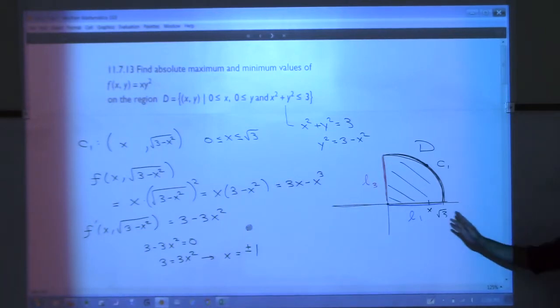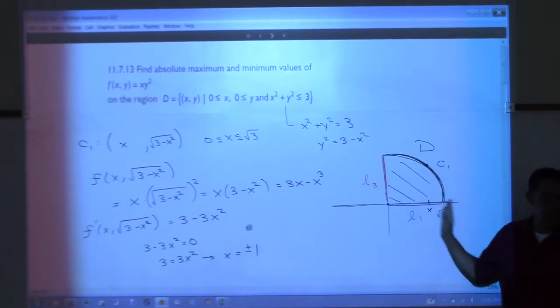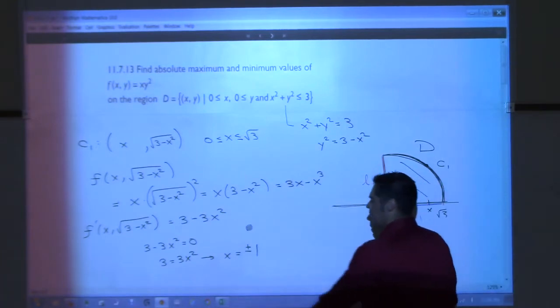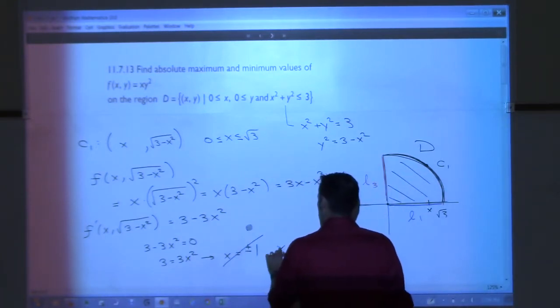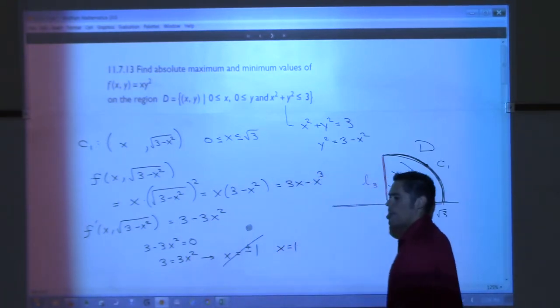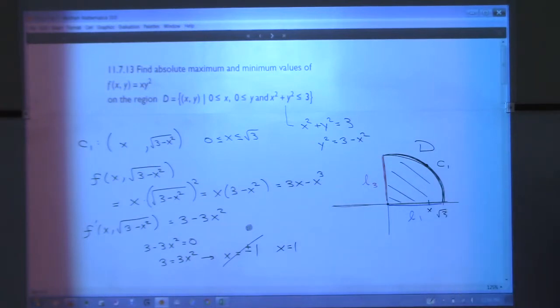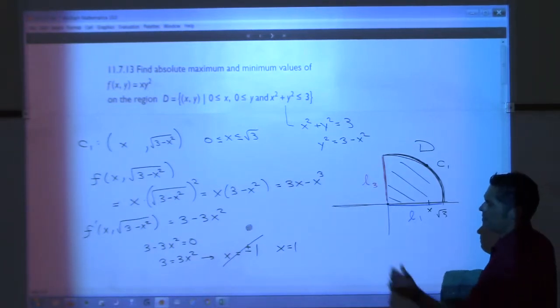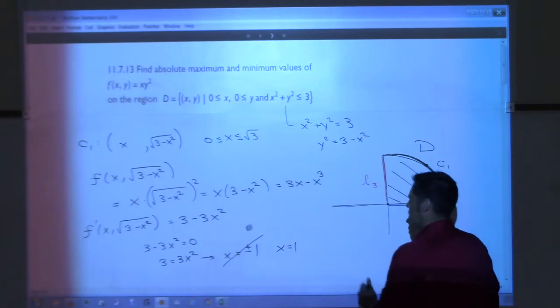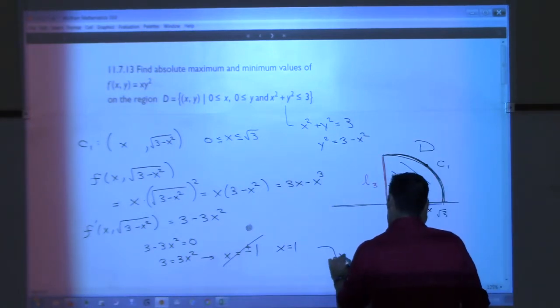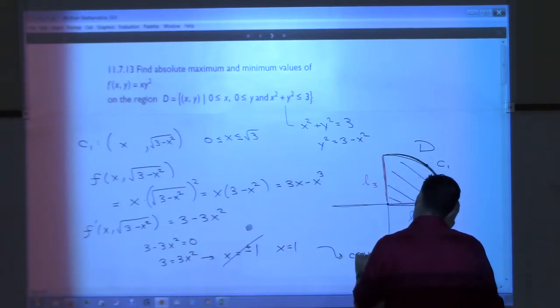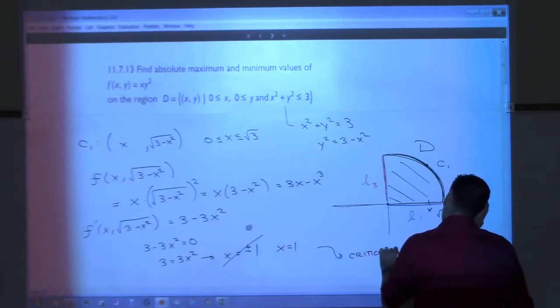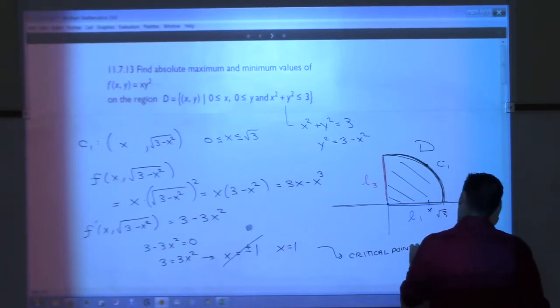Because of where we are, right? x has to be between 0 and root 3. So let me kind of restate this. x can only be 1. Can't be the negative. So what is the actual point then? If x is 1, what's the actual point that I have from this? So the critical point is x was 1.